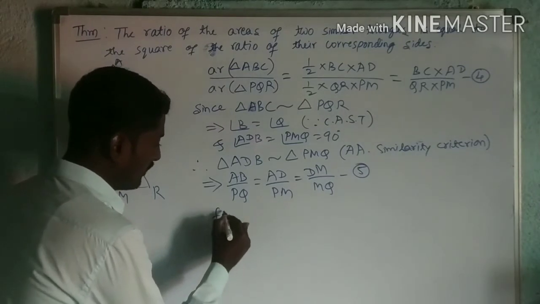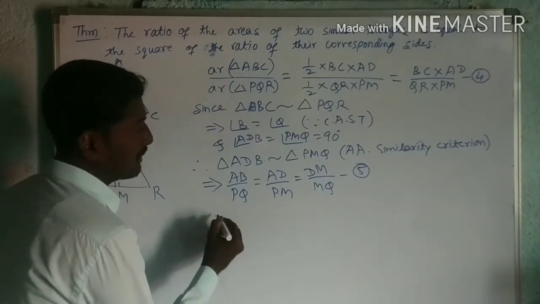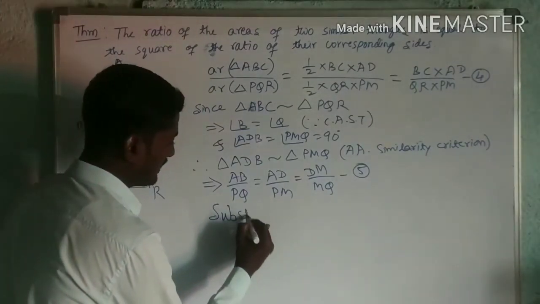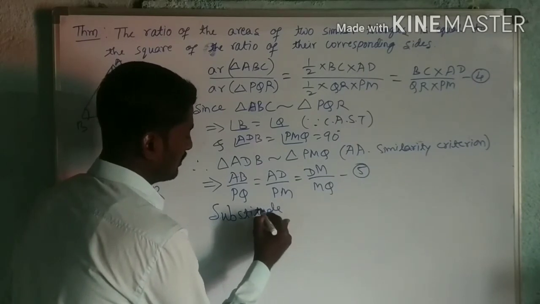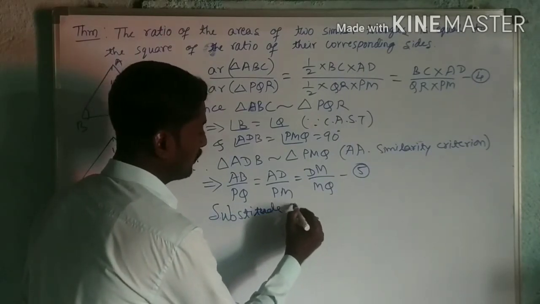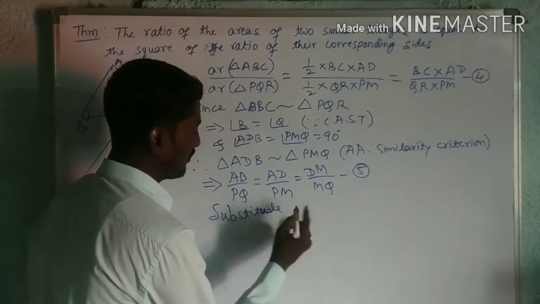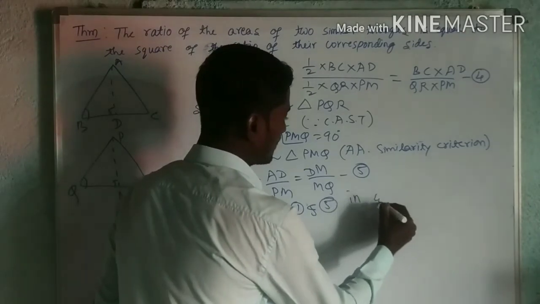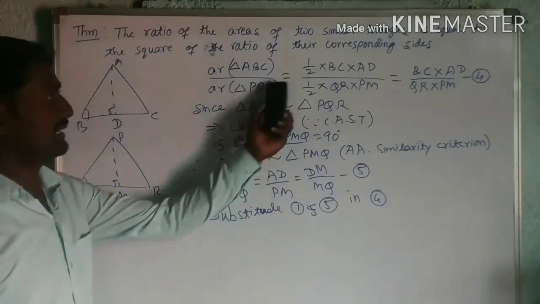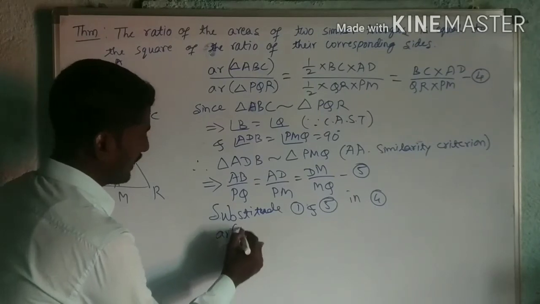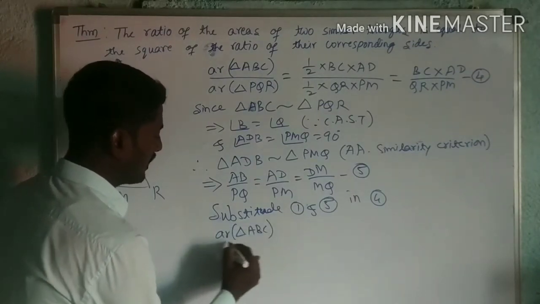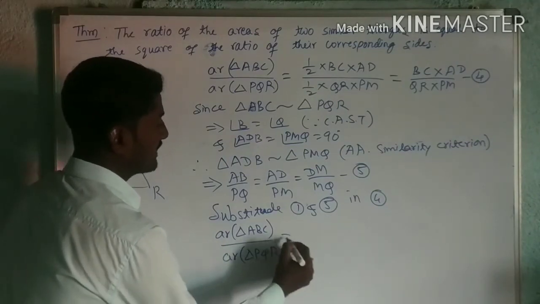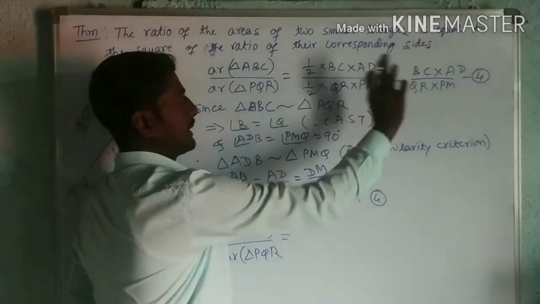Now substitute equation number 1 and 5 in equation number 4. What is equation number 4? Area of triangle ABC divided by area of triangle PQR. Right side, BC divided by QR is there.